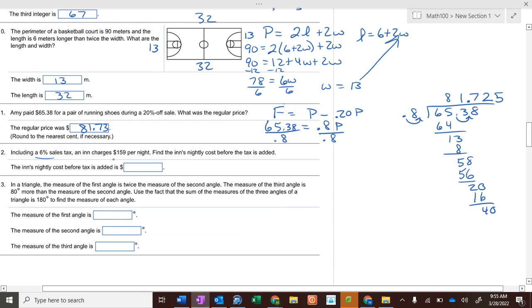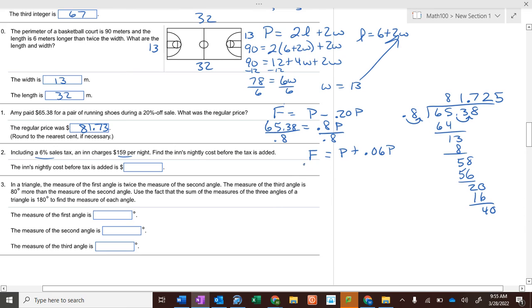Including 6% tax, the hotel charges $159 a night. So what is the cost before tax is added? So the final price equals the price plus 6% sales tax, or 6% of the price. Okay.